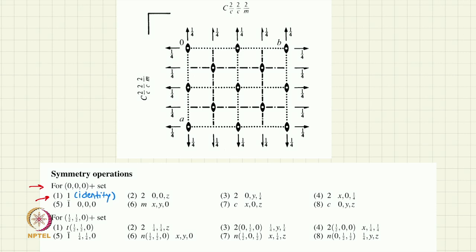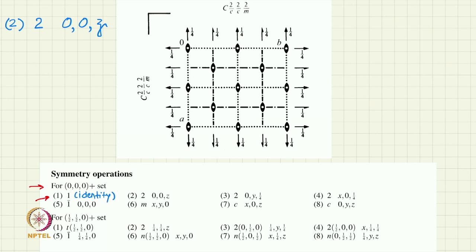Let us now come to the second operation, which is written as 2 and then 0, 0, z. What is this showing? We are talking of the operation with the information 2 and then 0, 0, z.